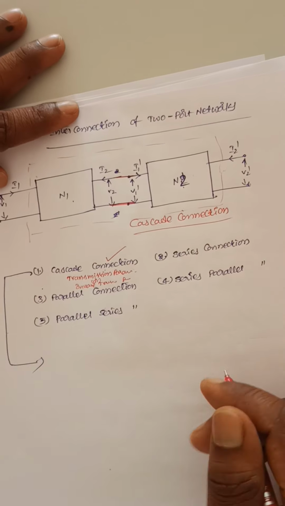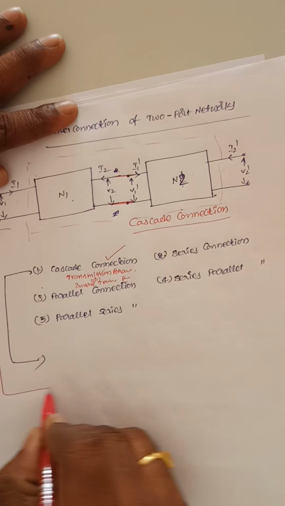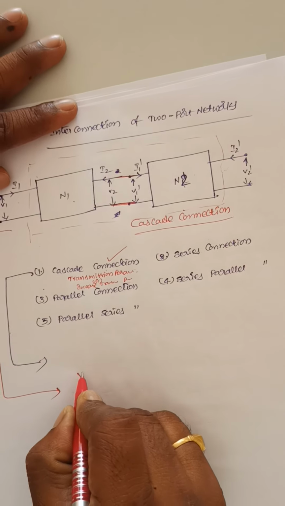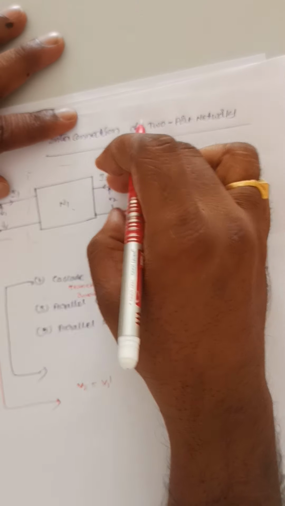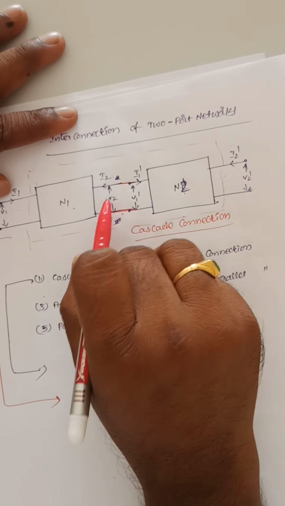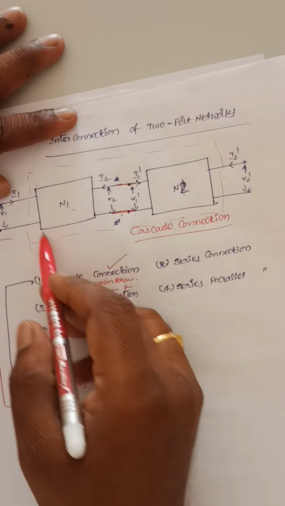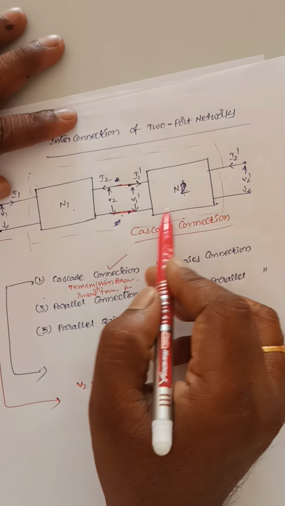Let me discuss here. For this cascade connection, we know that V2 is equal to V1 dash. Why? Because the output voltage of the network N1 is given as input for the network N2.